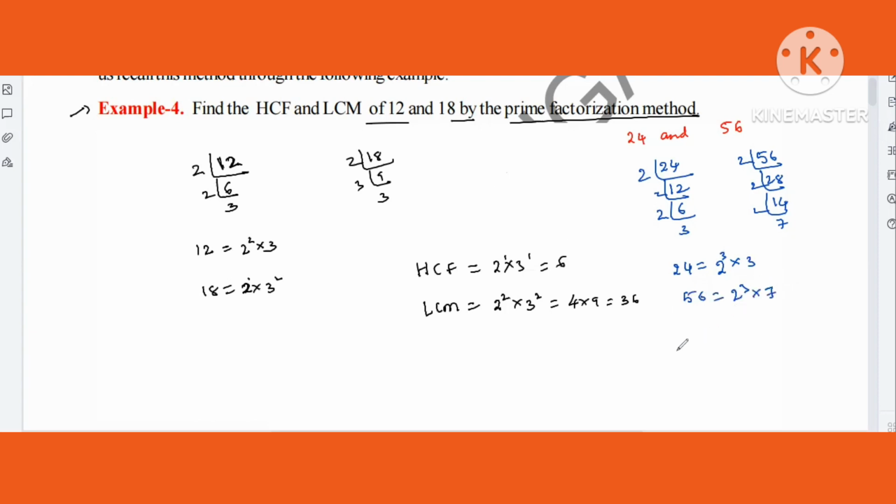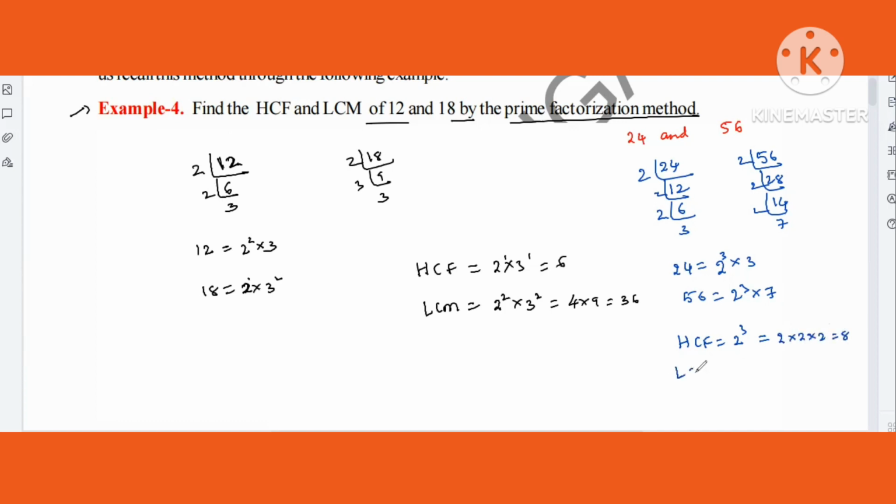Now very simple, HCF. Now it has the same common bases 2 and 2, and you know that the least power is only 3. Why? Because they have the same. So we write HCF as 2 cube. 2 cube is 2 into 2 into 2. How much is it? That is 8.